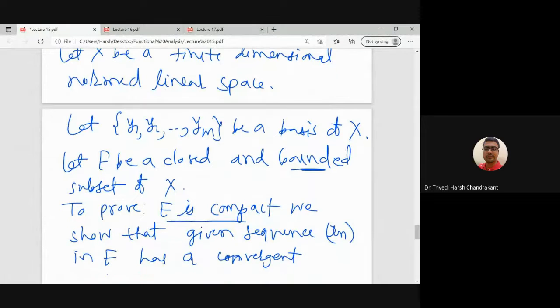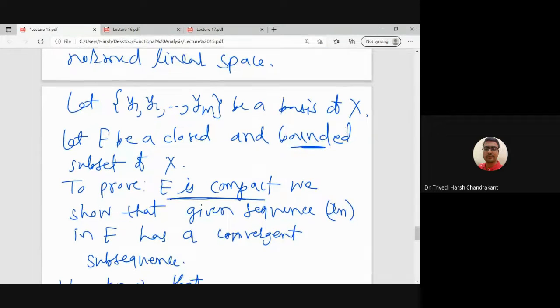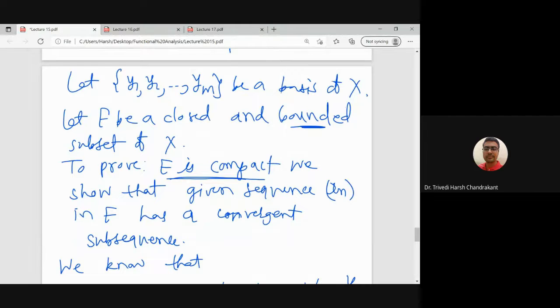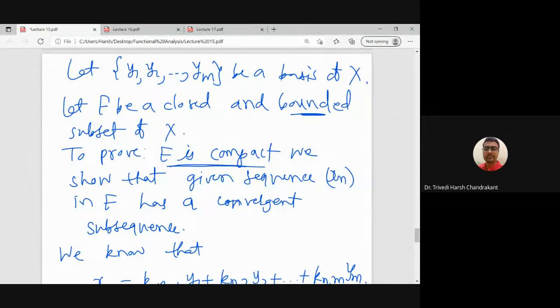To show a subset of a metric space is compact, we need to prove two things: first, it is bounded, and second, it is closed.